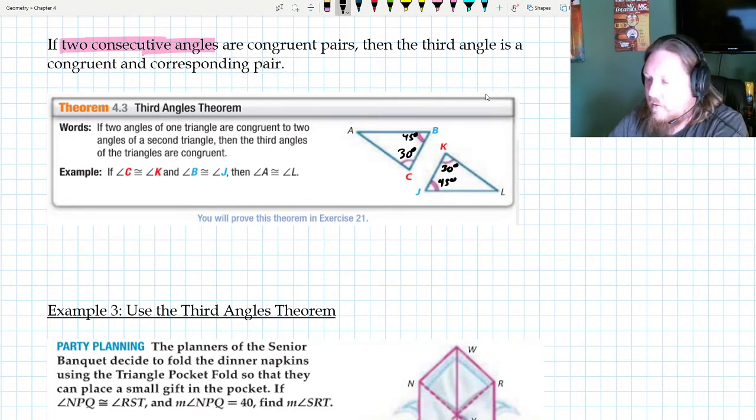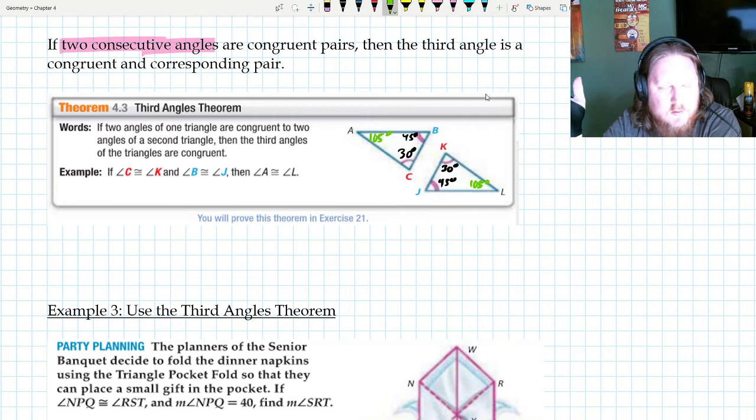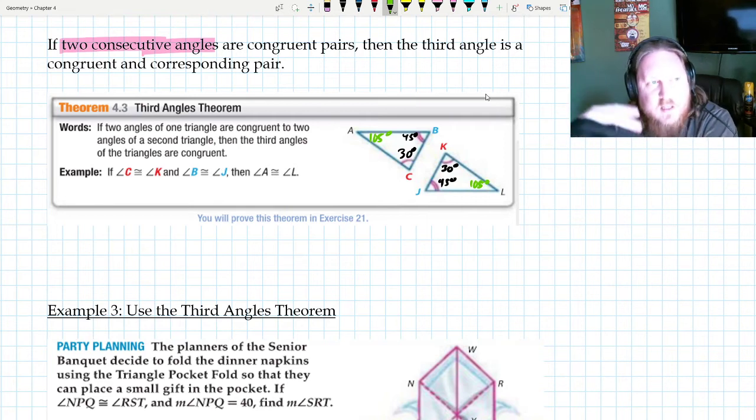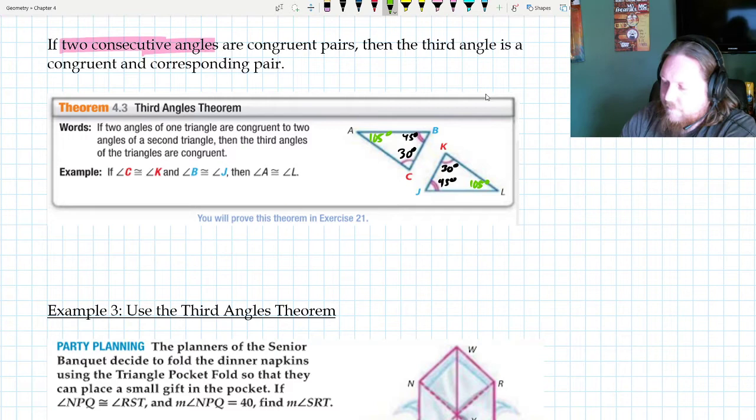So here, I don't know what it is, 75. The last angle would have to be 105. And you can tell from my drawing that this is not accurate because that's not an obtuse angle, but that's the concept behind it, right? If you know two pairs are congruent, then the third pair has to be congruent as well.